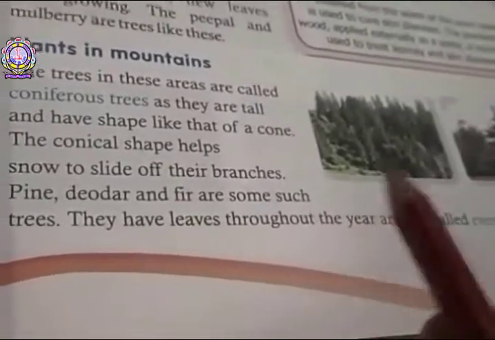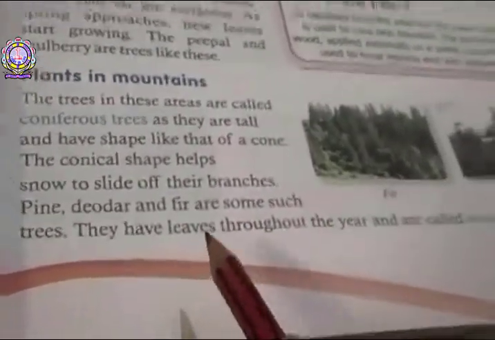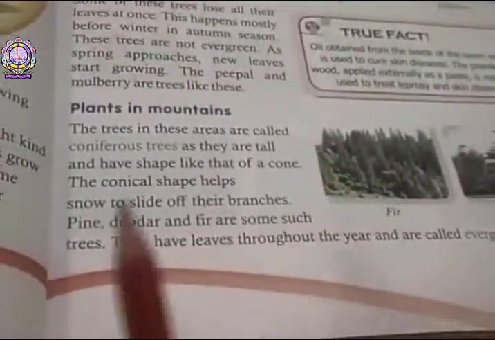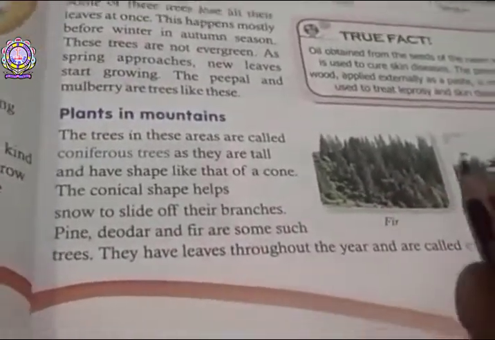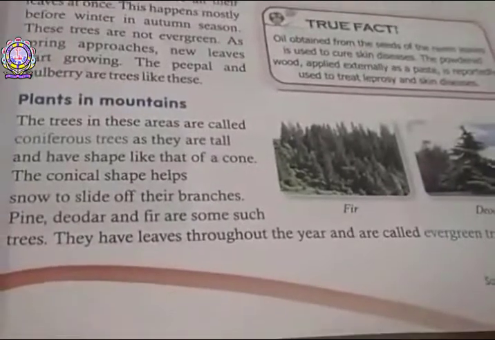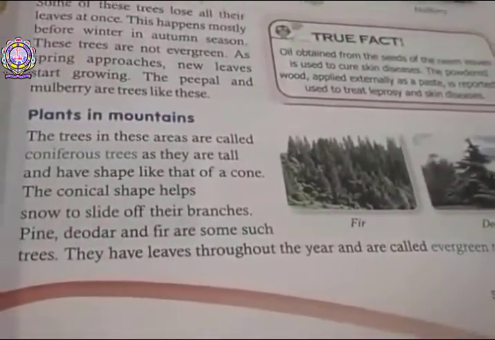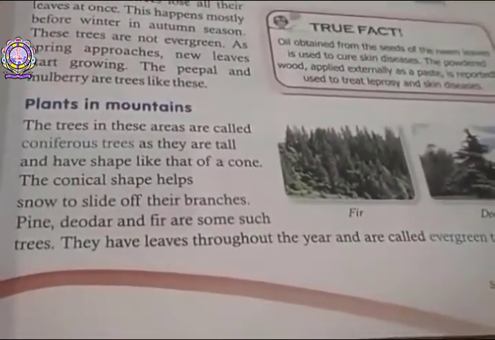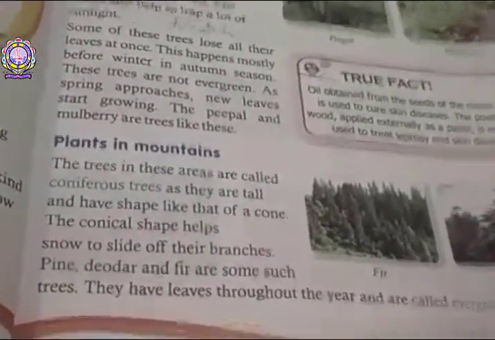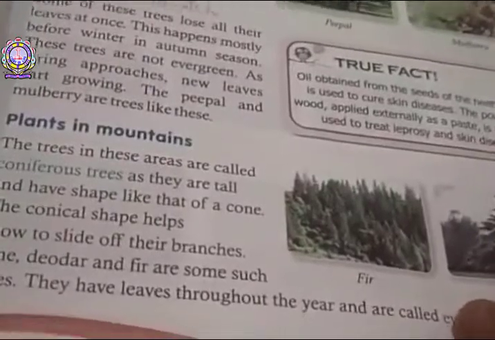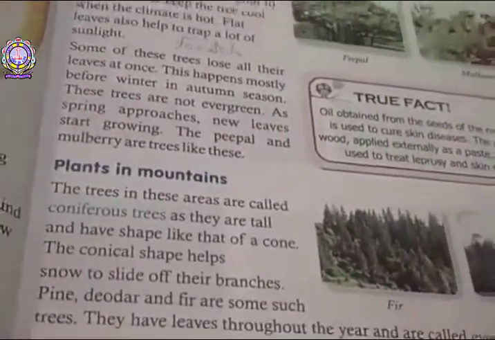We can call these trees evergreen because they have leaves all year. Throughout the year they have green leaves. They do not shed their leaves at once. These leaves are modified into a cone shape, which helps the snow fall down.